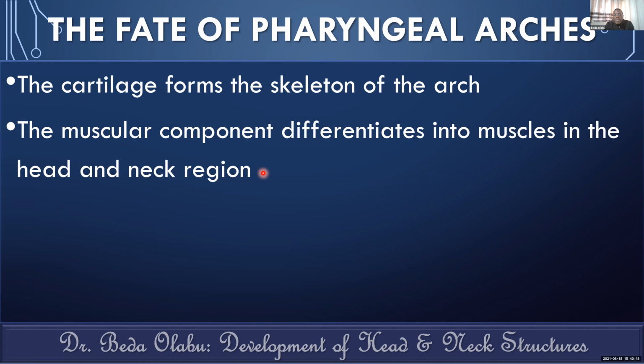Or the strap muscles, the infrahyoid muscles, they don't come necessarily from here. They have a different embryonic origin. Muscles of the tongue also don't come from this particular muscular component of a pharyngeal arch.